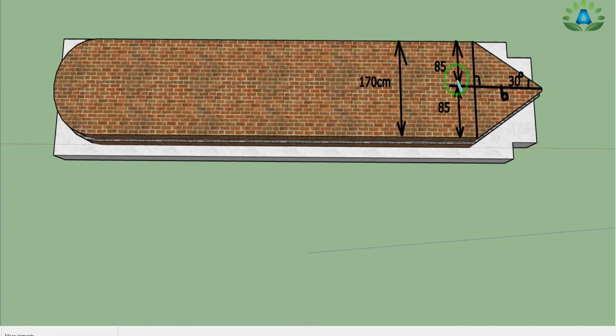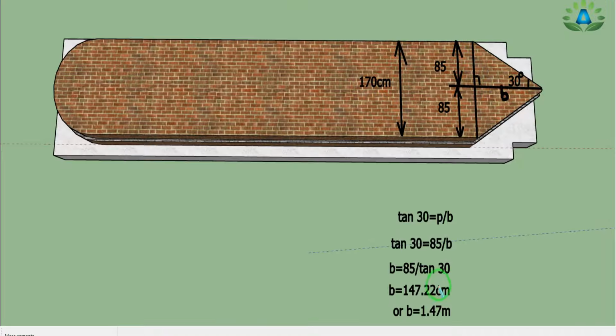So the total width at half of its end is 170 by 2, that is 85 from this side, and here also 170 by 2, that is 85 from this side. And we are going to calculate this B, that is the base portion, and we have the angle 30 degree. So we can use the relation of tan theta, in which theta equals 30 degree. Here I have written that tan 30 equals perpendicular by base, in which our perpendicular height is this portion, which is 85 centimeter, and our base is unknown, so I'll write it as B.